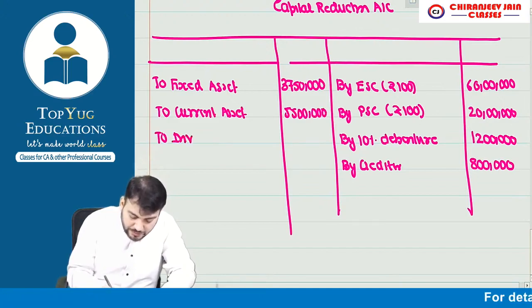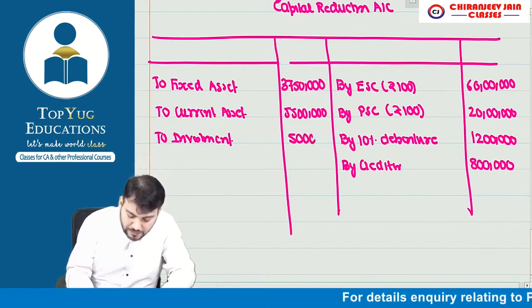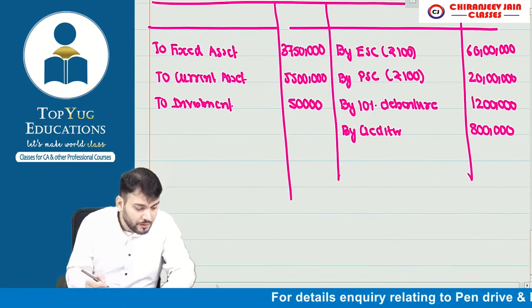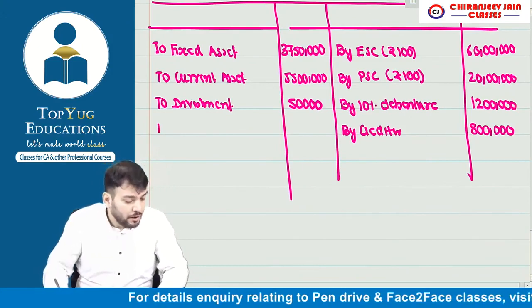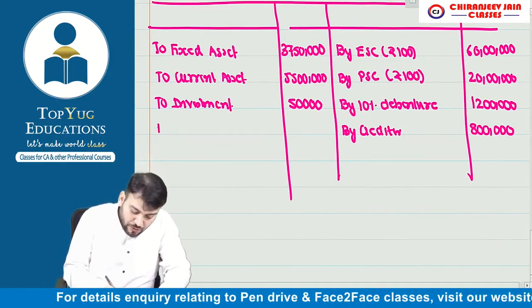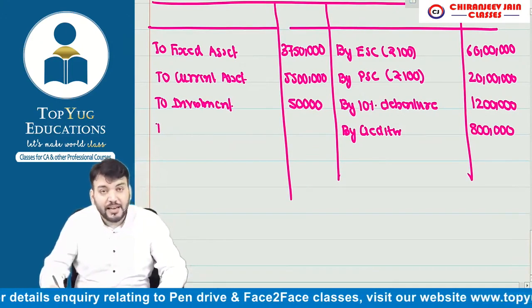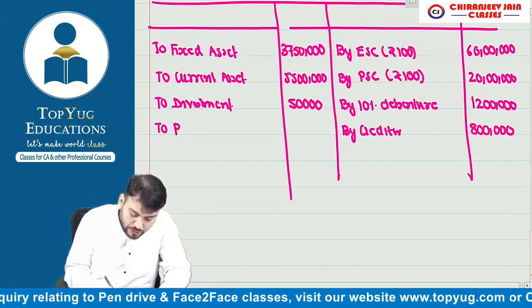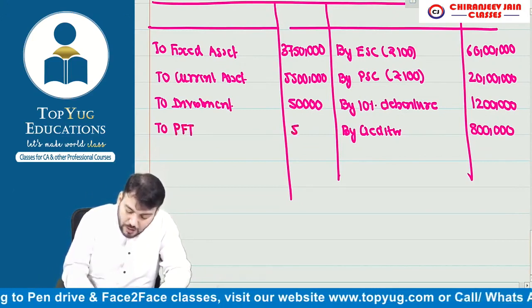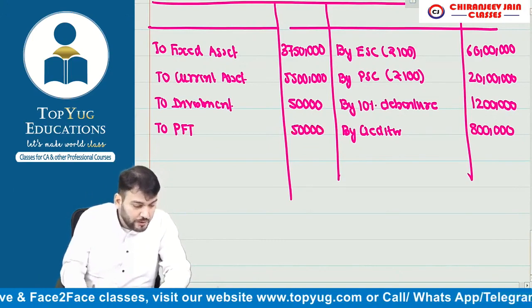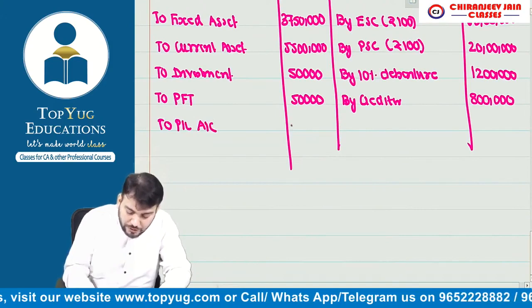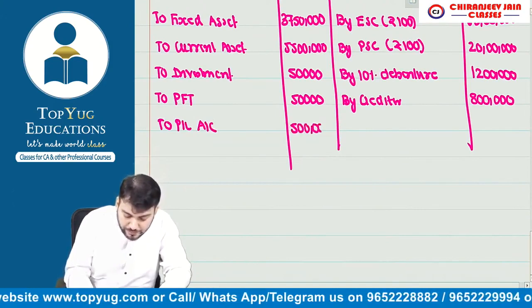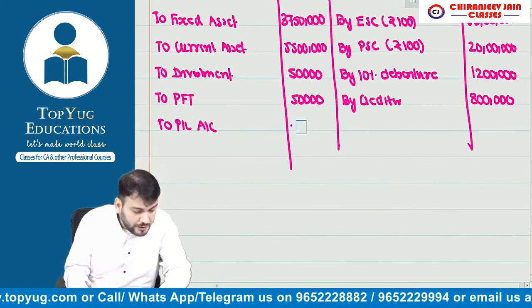To investment, it is 50,000. Correct. Then to provision for tax, which means capital reduction has also been debited. To provision for tax, how much? 50,000. Then to profit and loss account, how much? 5 lakh. Sorry, it is 4 lakh.